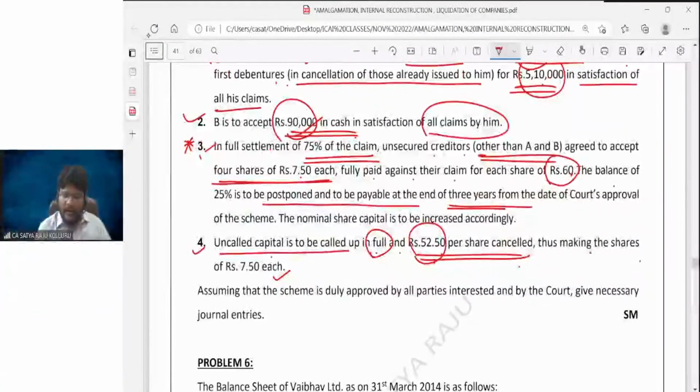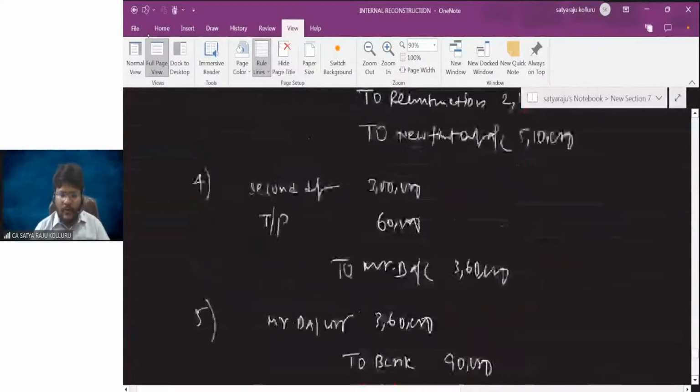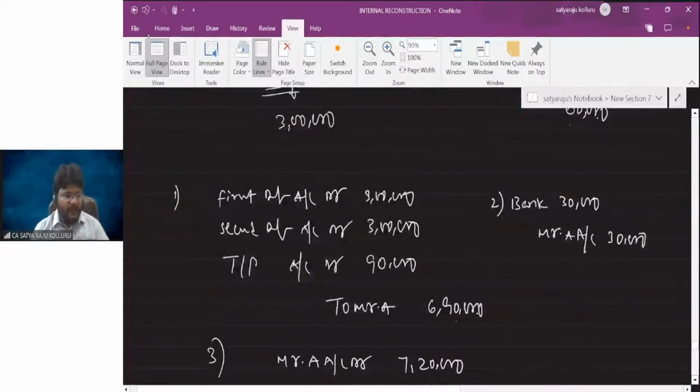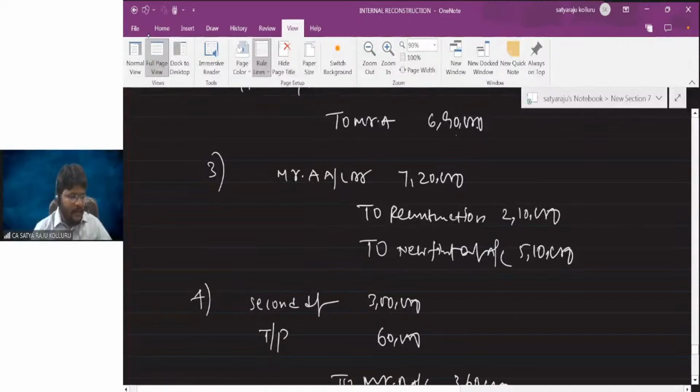Next, assuming that the scheme is duly approved by all parties interested by the court, give necessary journal entries. Now, after this, what should you do? You should find out the balance under the reconstruction account. From the first entry, there is no balance. Second entry, no balance. Third entry, reconstruction 2,10,000. Start, all of you, in your calculator.